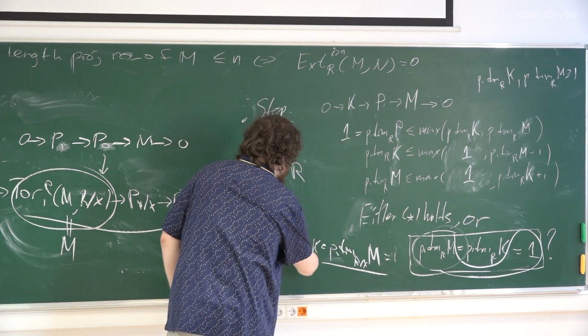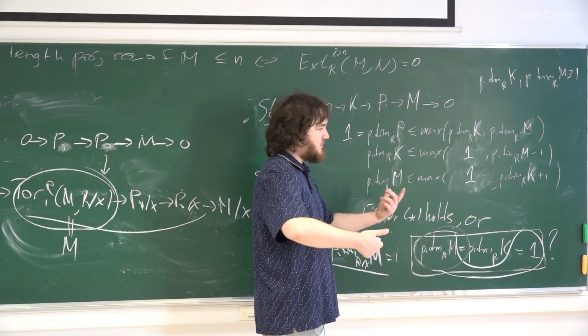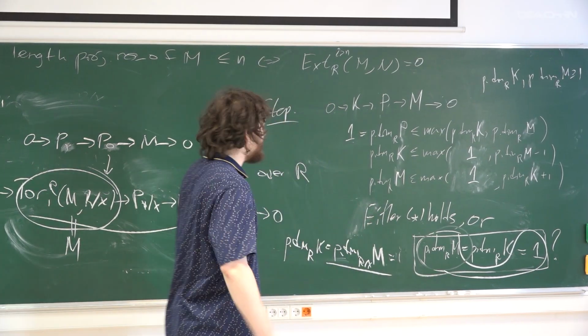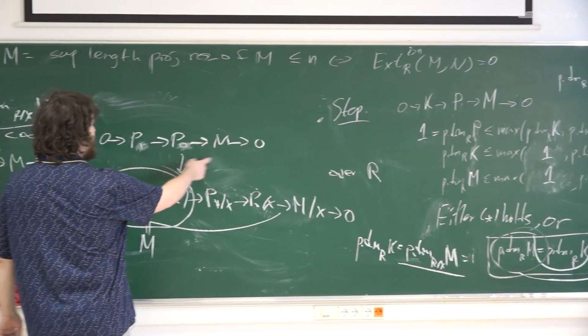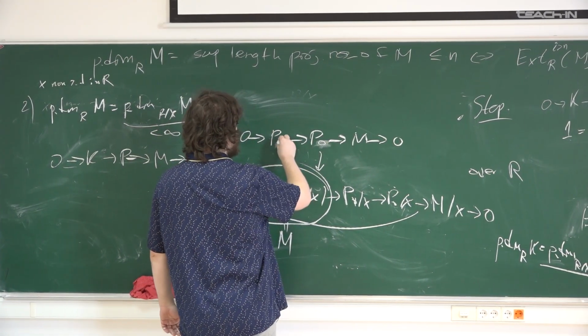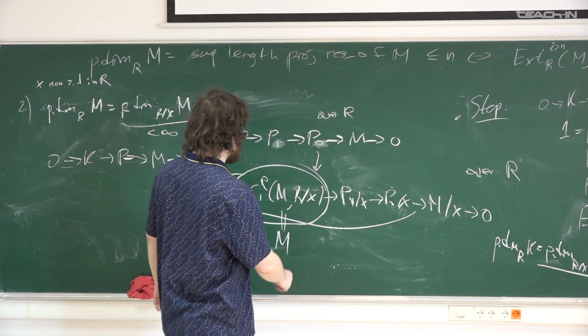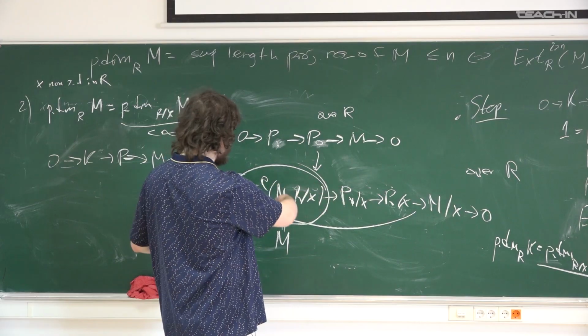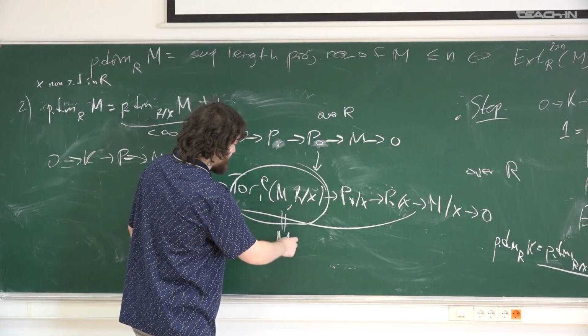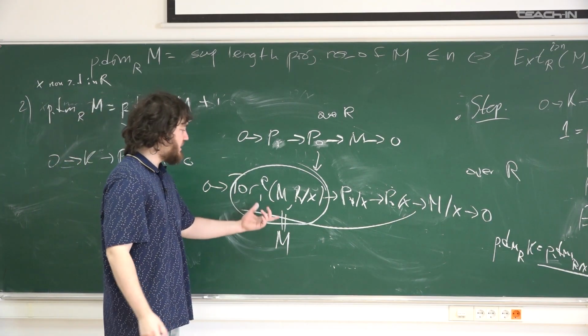Then we obtain that projective dimension of M over R modulo X is 1 and over R is 1. But this is impossible because if it has projective dimension 1 over R, then we have such a projective resolution over R. After tensoring with R modulo X, we obtain this long sequence with Tor. This Tor is M itself, because M is a module over R modulo X, so XM is 0.